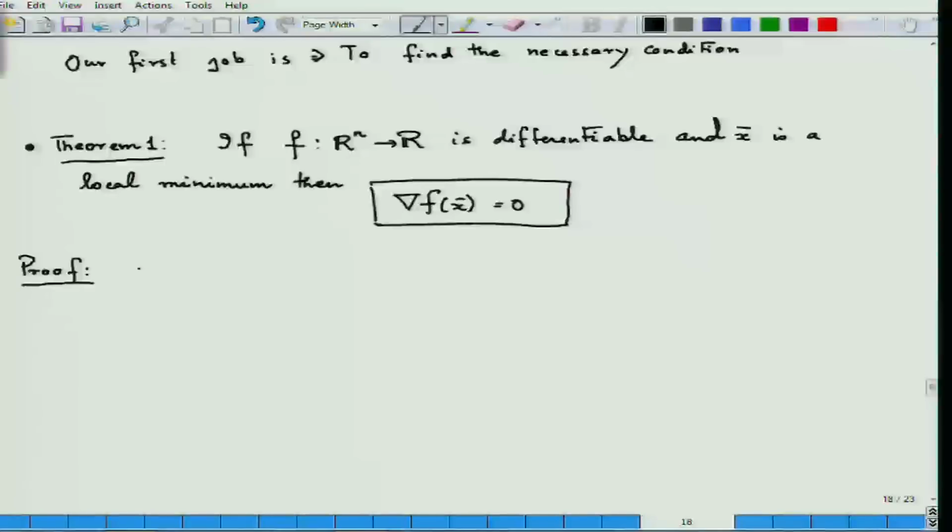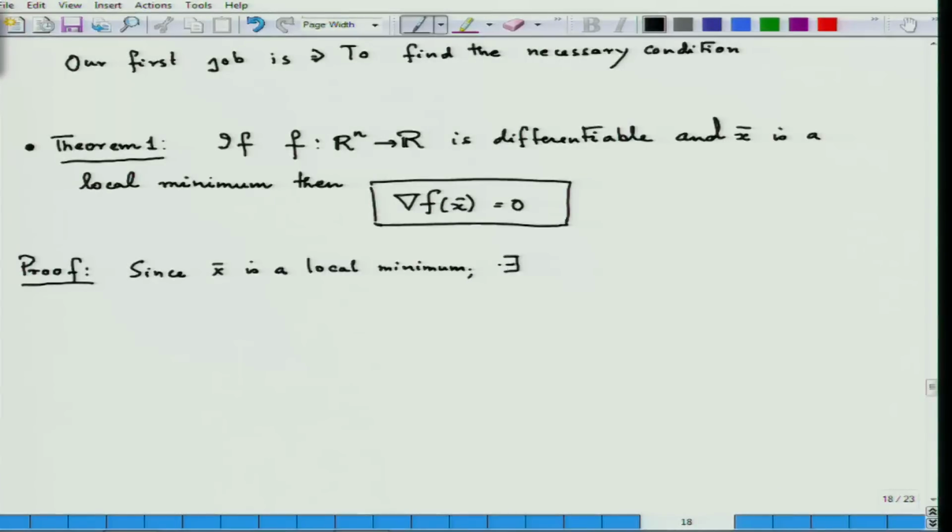So, what does it mean to be a local minimum? Since x bar is a local minimum, I will write it down completely, so you can follow the proof step by step. Once you know that x bar is a local minimum, what do you have?